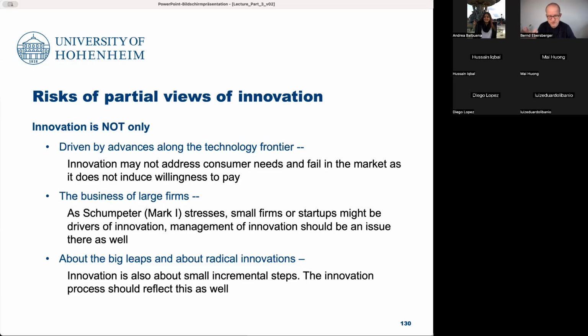We have talked about this at length when we talked about the Schumpeter Mark I and the Schumpeter Mark II. And it is not only about the big leaps, about the radical innovation. We talked about this when we identified that the bread and butter business of companies is actually incremental innovation. It's incremental steps, small steps that help the company to maintain market share, etc.